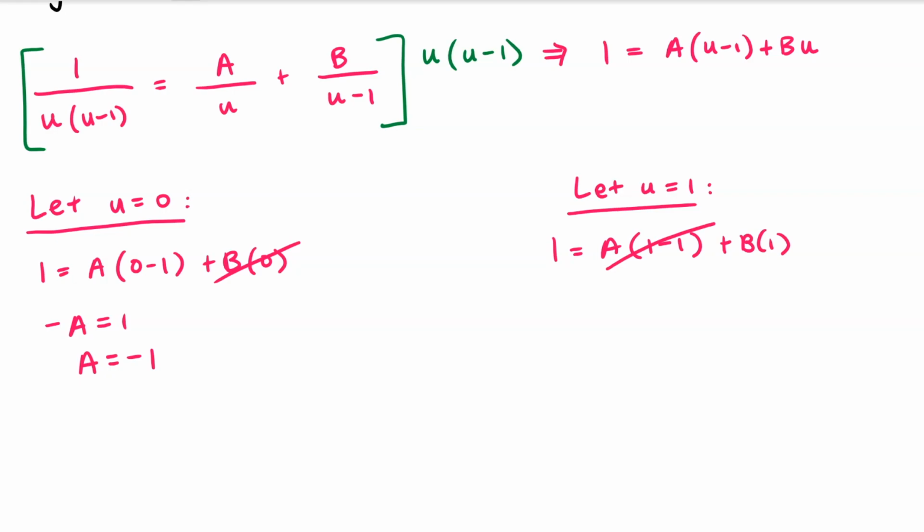This is going to become 0, and we get b is equal to 1. So we end up getting that 1 over u times u minus 1 is equal to negative 1 over u plus 1 over u minus 1.